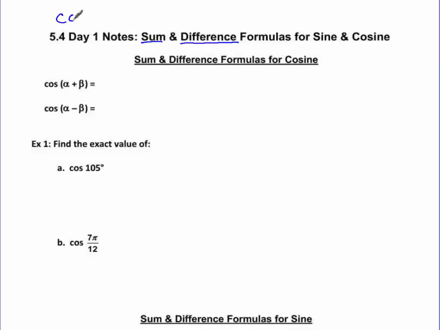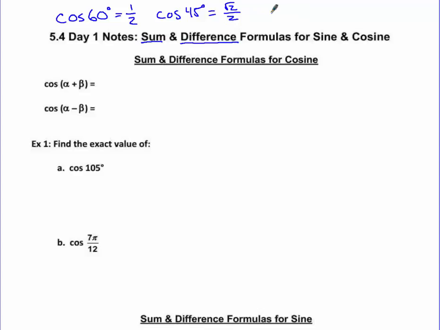The first one would be that if I asked you to find the cosine of 60 degrees, you could look on your unit circle and tell me that that was 1/2. And if I asked you to find the cosine of 45 degrees, you could look on your unit circle real easy and tell me that that's the square root of 2/2.